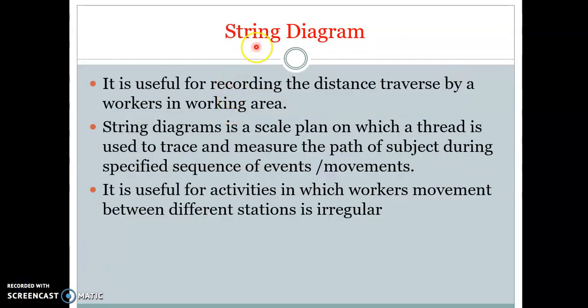One more technique to record the movement of material and men is the string diagram. It is very useful for recording the distance traveled by a worker in a working area. A string diagram is a model or a scaled-up plan of the shop in which every machine or equipment is marked and a pen or pin is struck in the area representing the facility.